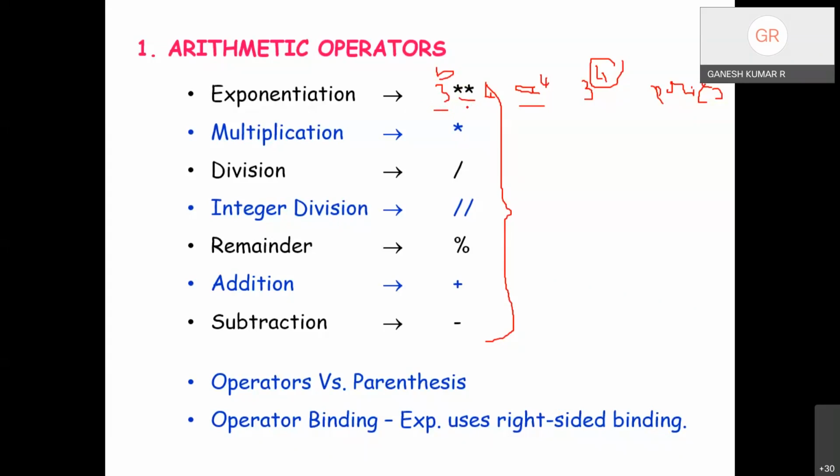So a double asterisk sign is an exponentiation operator, which is also otherwise called the power. Its left argument is the base value, and to the right is called the exponent. Multiplication is very simple, represented by asterisk.